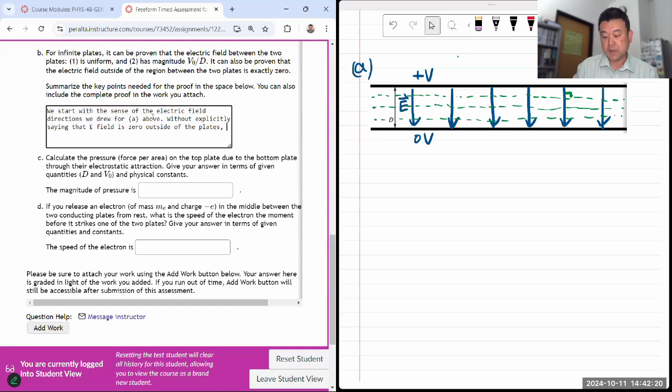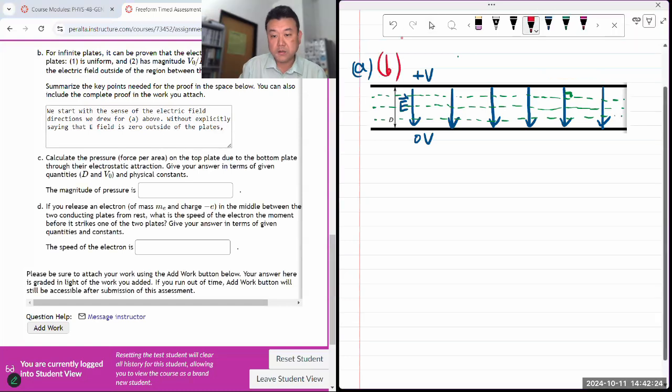So I might say for the drawing, including B, there could be an electric field outside. I don't have to necessarily say that the electric field outside is 0.